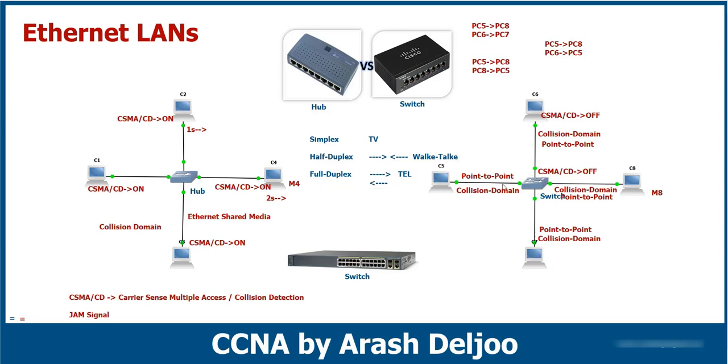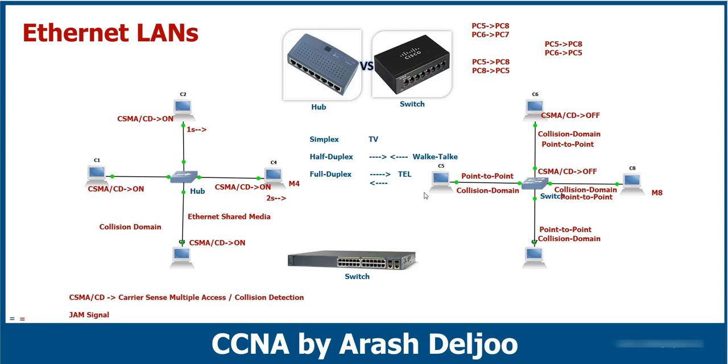In this scenario, when C5 is sending traffic to C8, at the same time C6 can send traffic to C7, or C8 to C5. This means that here we have full duplex operation, and in full duplex we have a more efficient way of sending data. Because of that, one of the other benefits of using a switch in the network is that we have the opportunity to use full duplex communication.